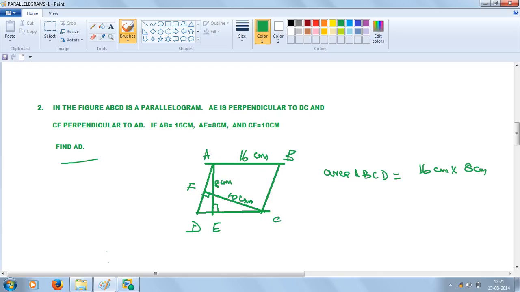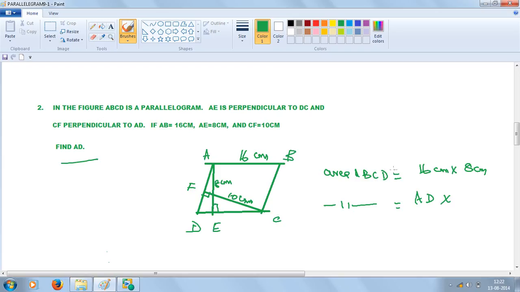So now we'll take AD as the base and see what its height is. What's the area? Same area ABCD. What is the base? Base is AD. AD we have to find out. This AD is the base. AD multiplied by CF, base into height.